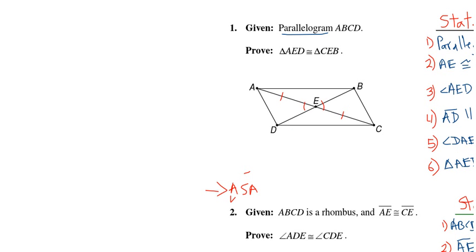If you're using alternate interior angles, you have to be using the lines that are parallel. You cannot use the other pairs of sides, for example, here. Although they are parallel, that will not give us this angle congruent to this angle. Or you could say angle DAE congruent to angle BCE, for the same reason, because AD is parallel to BC, and we know that they are parallel because in a parallelogram opposite sides are parallel.